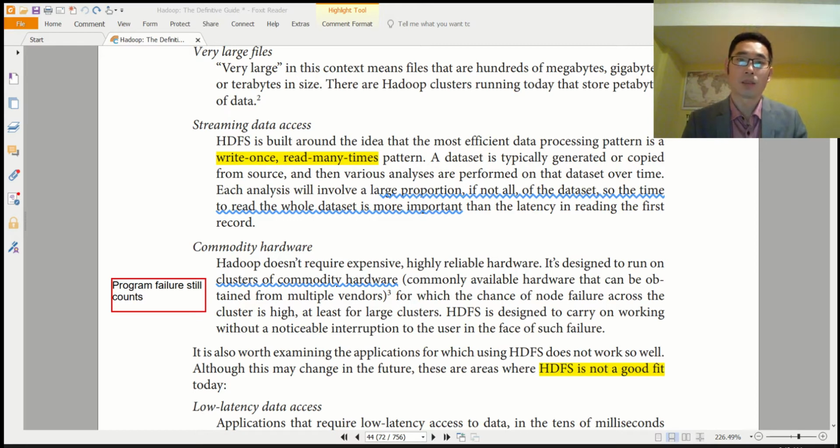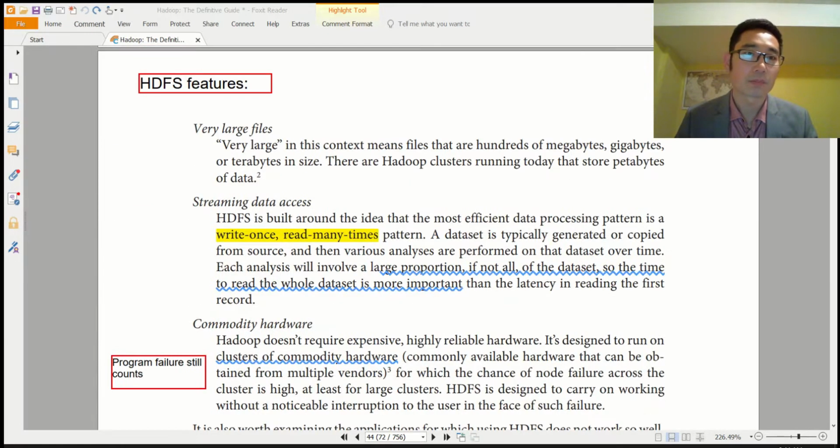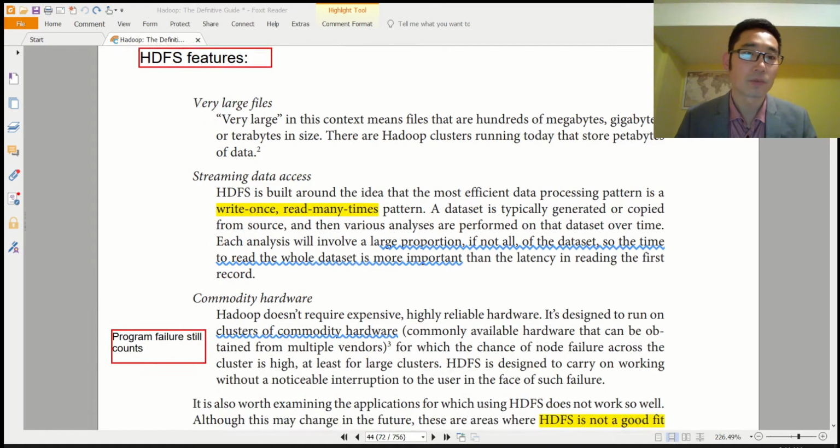It only means your Hadoop or HDFS can still run even though the hardware is not highly reliable. In contrast, if you build a server the traditional way, then your hardware has to be really highly reliable. So these three things are what HDFS is good for.